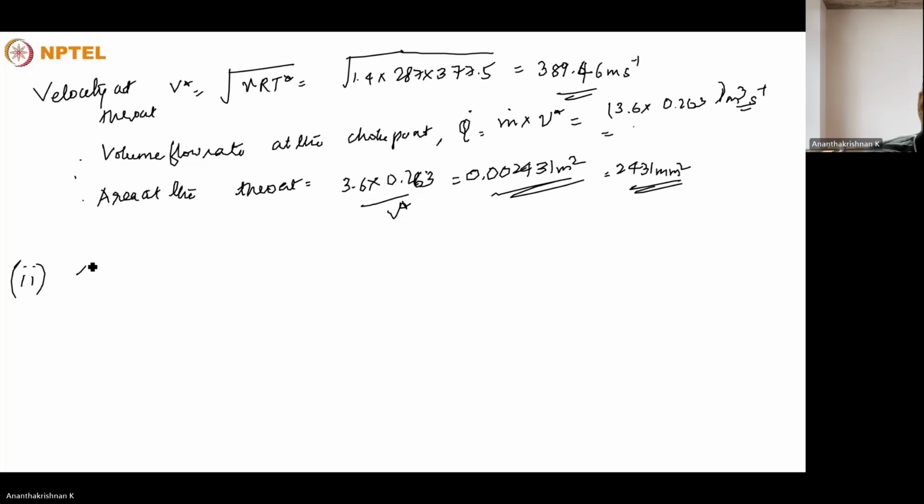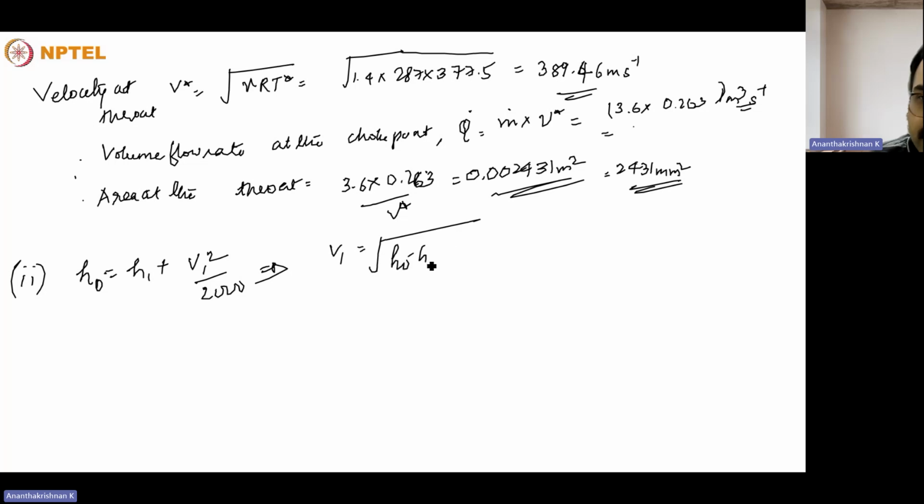So H0 is equal to H1 plus V1 square divided by 2000. Everything is in terms of kilojoule per kilogram, that's why the kinetic energy term is divided by 1000. So V1 is equal to root of (H0 minus H1) into 2000. So that will be 44.72 into root of H0 minus H1.